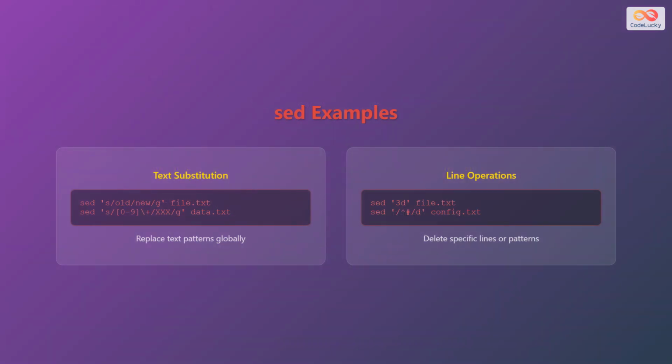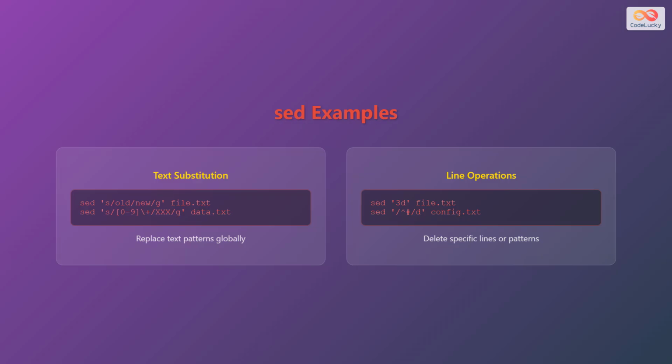Let's consider a couple of sed examples. For text substitution, sed 's/old/new/g' file.txt replaces all occurrences of old with new globally in file.txt. The command sed 's/[0-9]\+/xxx/g' data.txt replaces all sequences of one or more digits with xxx in data.txt.